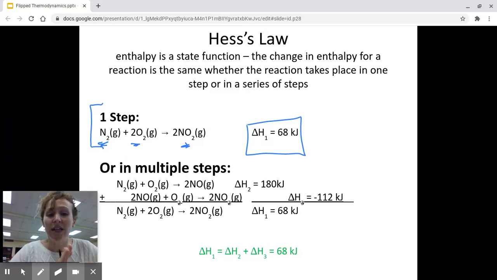Now we can look at that same reaction in a multi-step process. Now, reactions don't usually just happen in one step, right? We don't just smush it together, voila, we get it out. Same thing with baking cupcakes, right? We don't just have all the ingredients and then smush them together and voila, we have cupcakes, right? We have to break the eggs.